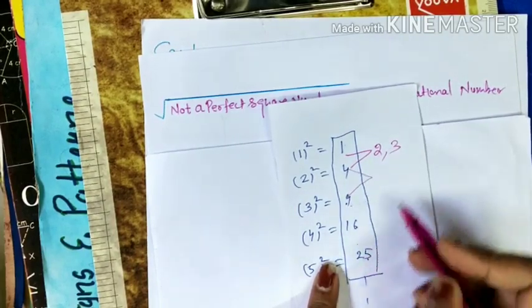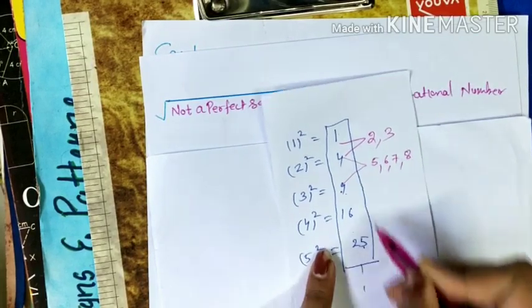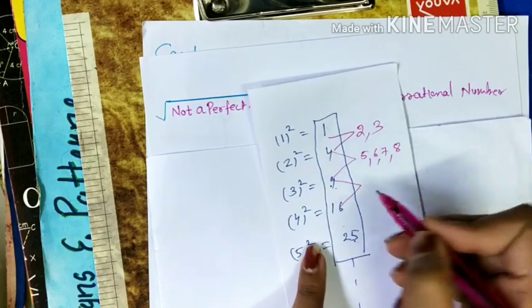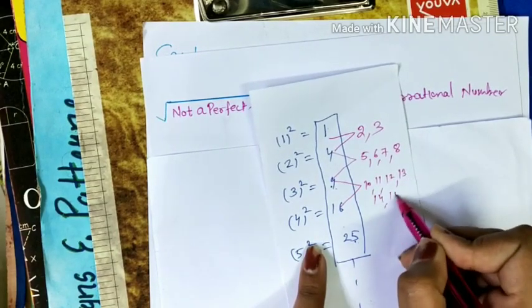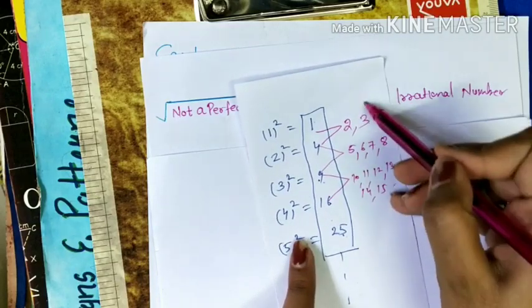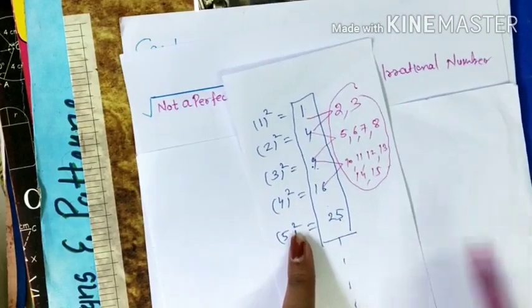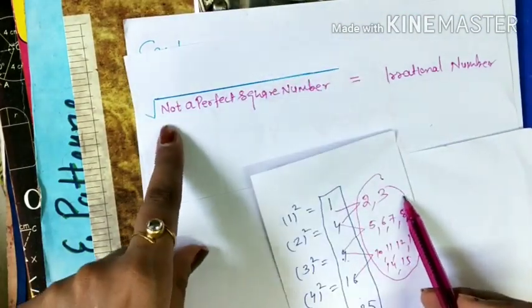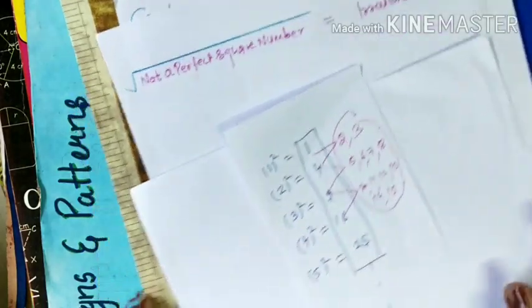Numbers between 4 and 9 are 5, 6, 7, 8. Between 9 and 16 you can write 10, 11, 12, 13, 14, 15, like that. It means all these numbers are not perfect squares. So I can say under root of a non-perfect square number is always an irrational number.